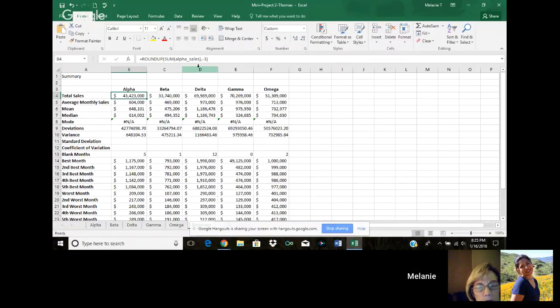And in the little video that we watched, he was talking about rounding to the nearest thousandth, and he used the -3. So I put that in there, and I got this total here. So I just kind of dragged that across. No, I think I had to change each one, the beta.